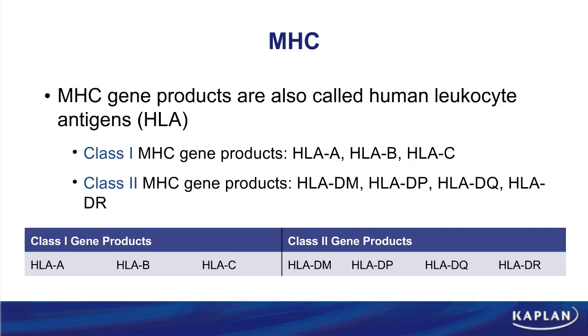Those are the highest level of polymorphic class 1 HLAs. I also have class 2, and class 2 are going to be primarily the HLA-DP, DQ, and DR. Now I want you to immediately say, why did she skip DM? Well, I want to point out to you that the class 2 genes that will be able to bind and present peptide are only the DP, the DQ, and the DR.